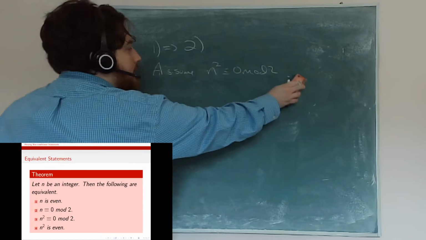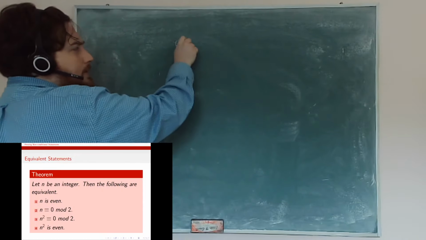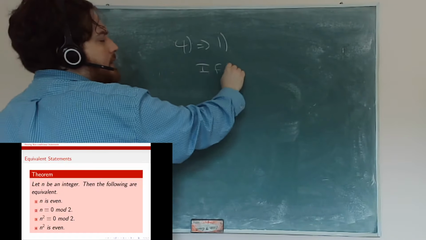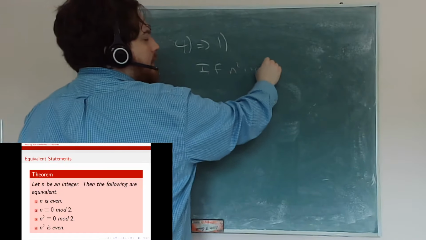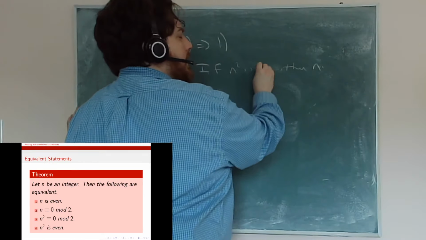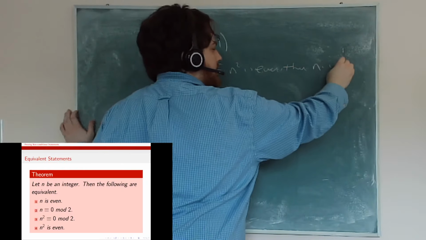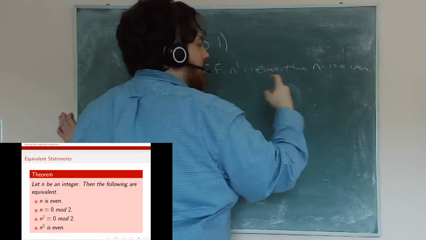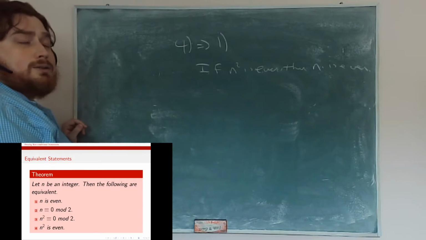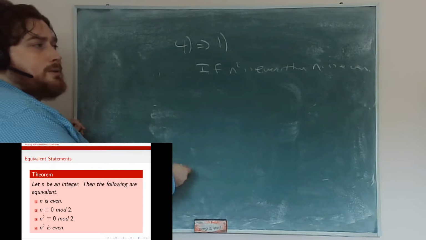The last one is I have to show 4 implies 1. So I'm trying to show if n squared is even, then n is even. Now this one, as opposed to doing directly, we could do a contrapositive proof because it's going to work out a little bit easier.